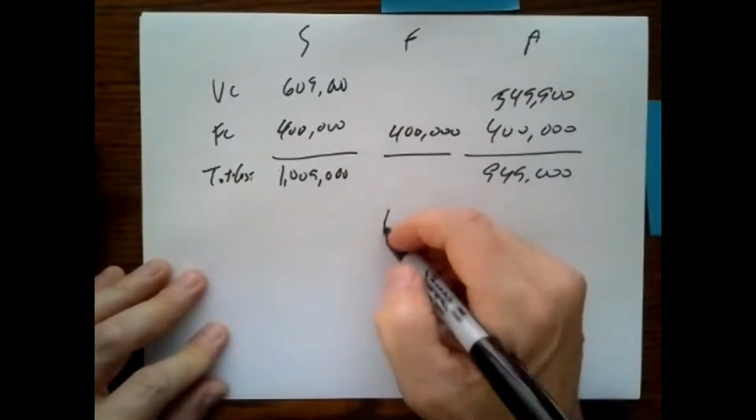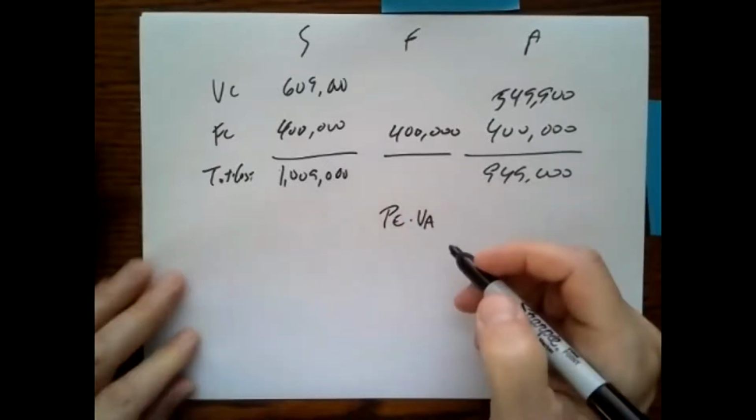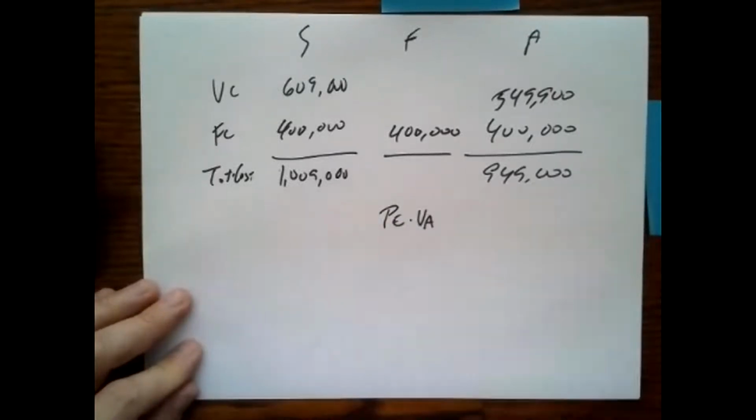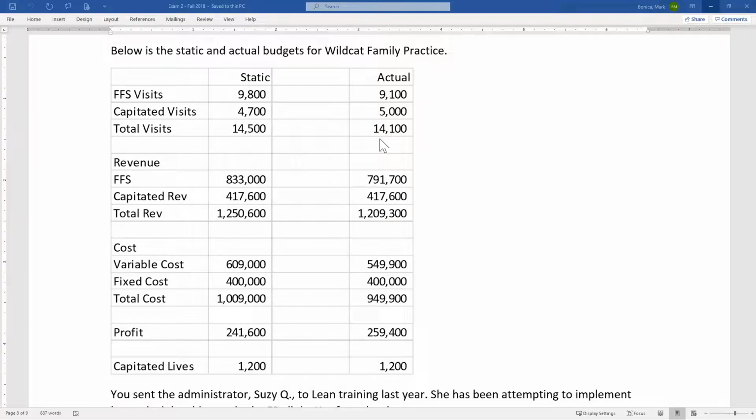Okay, so flex variable cost is price expected times volume actual. In this case, because we're now talking about variable cost, what drives variable cost? Variable cost is driven by the number of visits in this organization. Whereas capitated revenue is not driven by capitated visits. It's actually driven by capitated lives.